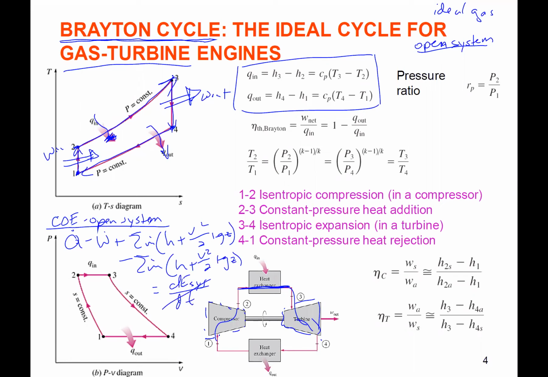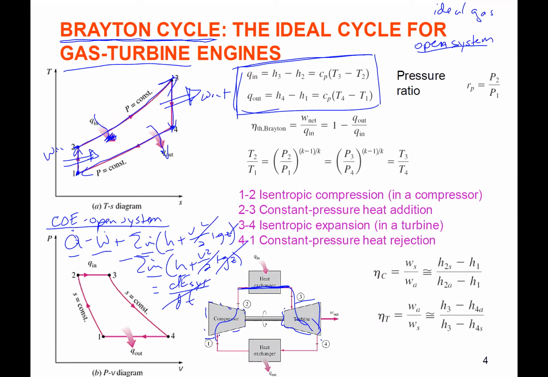All right, steady state, neglect kinetic and potential. Then we are just left with heat transfer, work, and mass flow rate in and out. So mass flow rate in, mass flow rate out on each component. And then since it's conservation of mass, same mass flow rate in and out. So that means we can pull the mass flow rate out and divide it out. This is what we get then, right? So this comes from the open system COE.